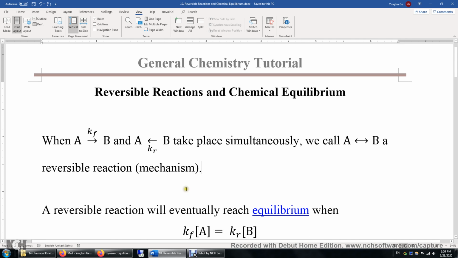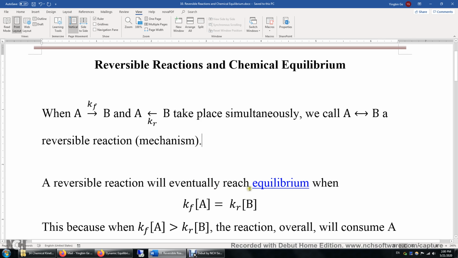A reversible reaction will eventually reach equilibrium when the forward reaction rate is equal to the reverse reaction rate. So let's assume this is a first order reaction from A to B with a rate constant K sub F. The forward reaction rate is K sub F times the concentration of A. And then let's say this B to A is also first order.